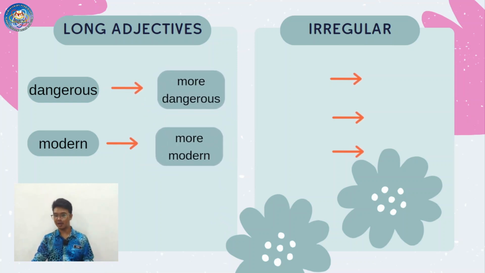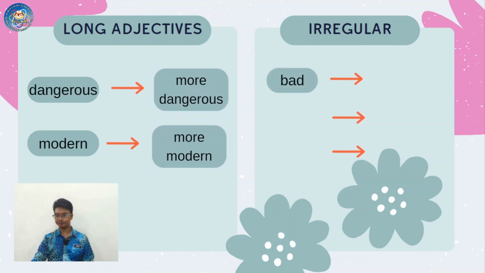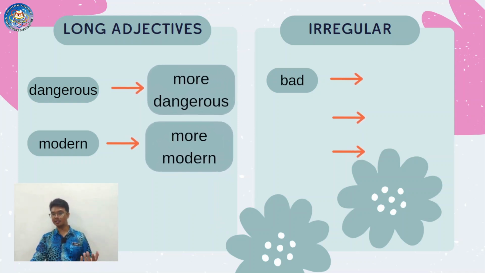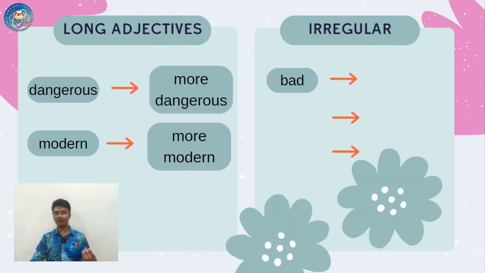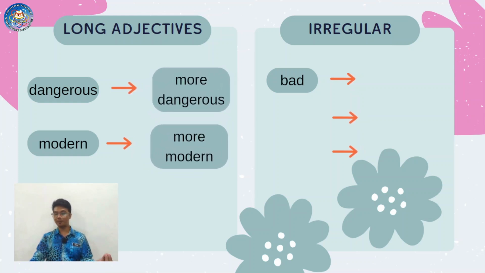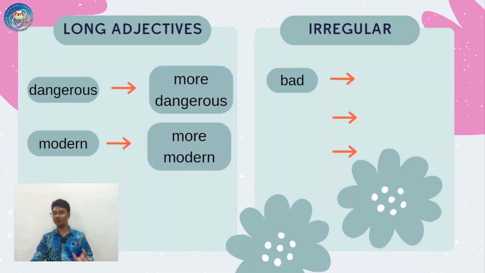Next we have irregular comparative adjectives. For irregular comparative adjectives, we actually change the whole word. When we change the adjective to comparative, we actually have a new word. New words are born.